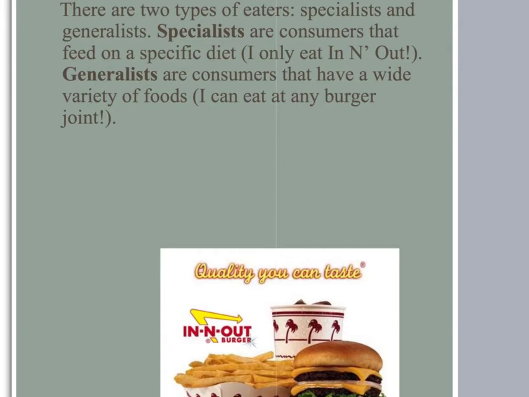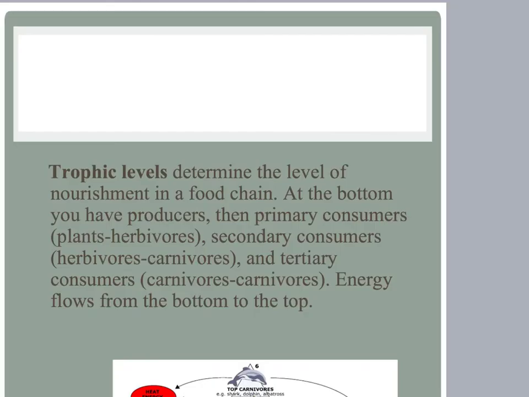Man, nothing bugs me more than a kid that is really picky about their food, where they'll only eat chicken nuggets or whatever. They would be considered specialists. Whereas a generalist is going to enjoy a wide variety of foods. They can eat any hamburger from any burger joint, and it doesn't have to be ketchup only. So, specialists versus generalists.